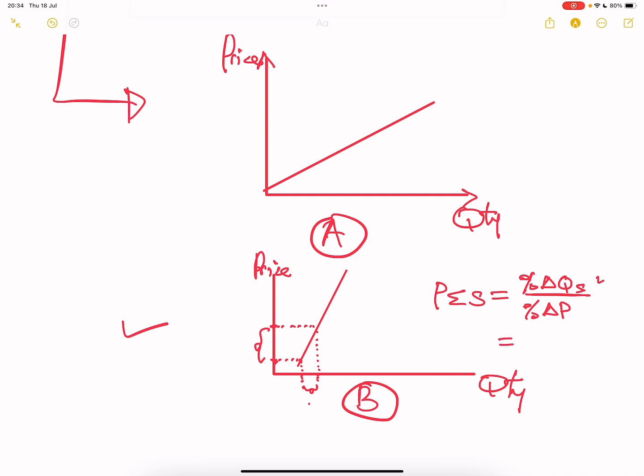So this is your quantity, which is this little change. If this has changed by say 10%, this price is a bigger change, as you can see, much more. So this will have been like 15%. And if you put that in this formula, it would be 10% divided by 15%, which we're using.